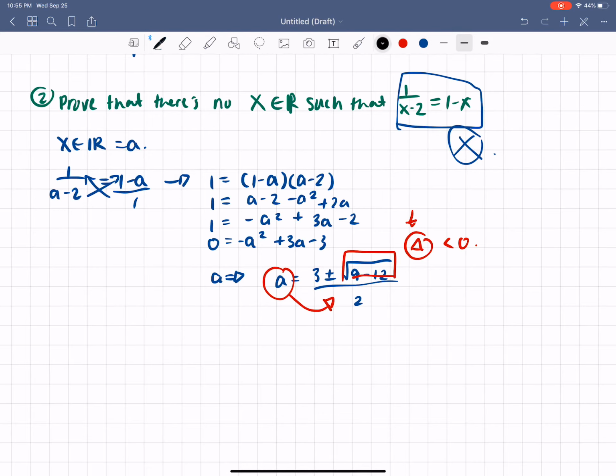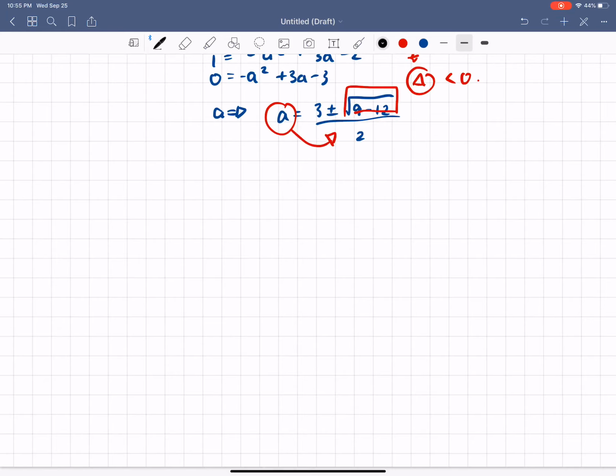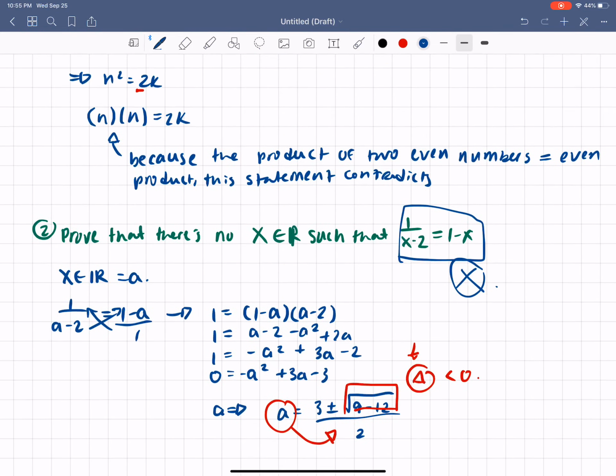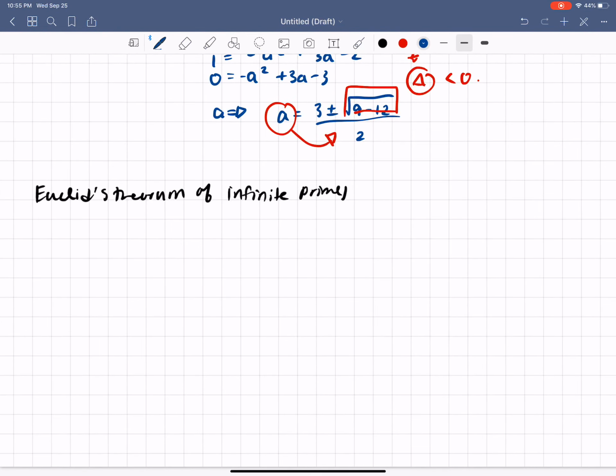One really famous contradiction that we can make to prove something was developed by Euclid: the theorem of infinite primes. What he did is he made an implication that there weren't infinite primes. In other words, there were a finite number of primes.